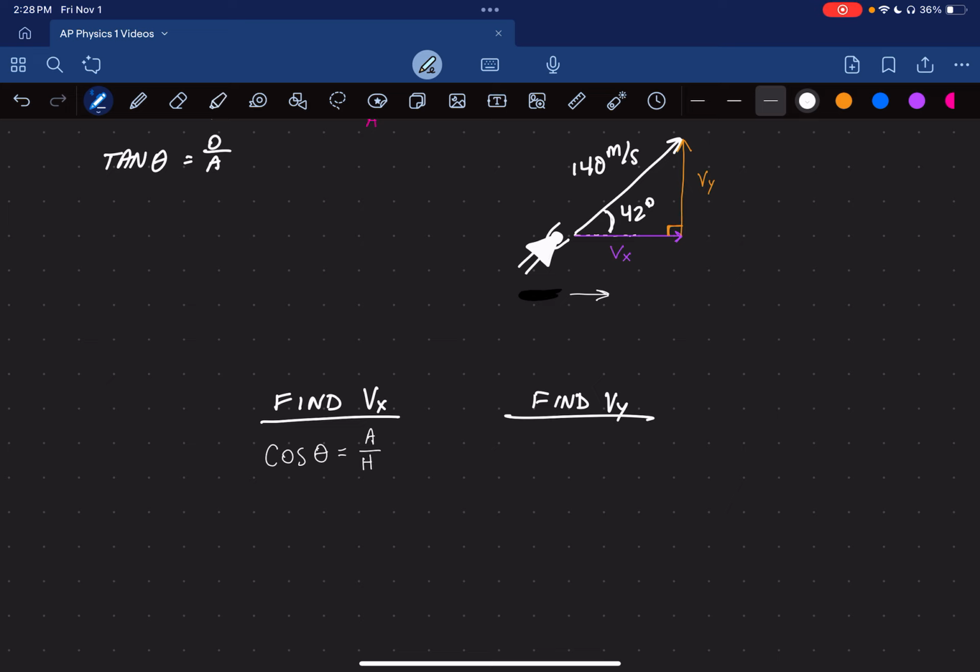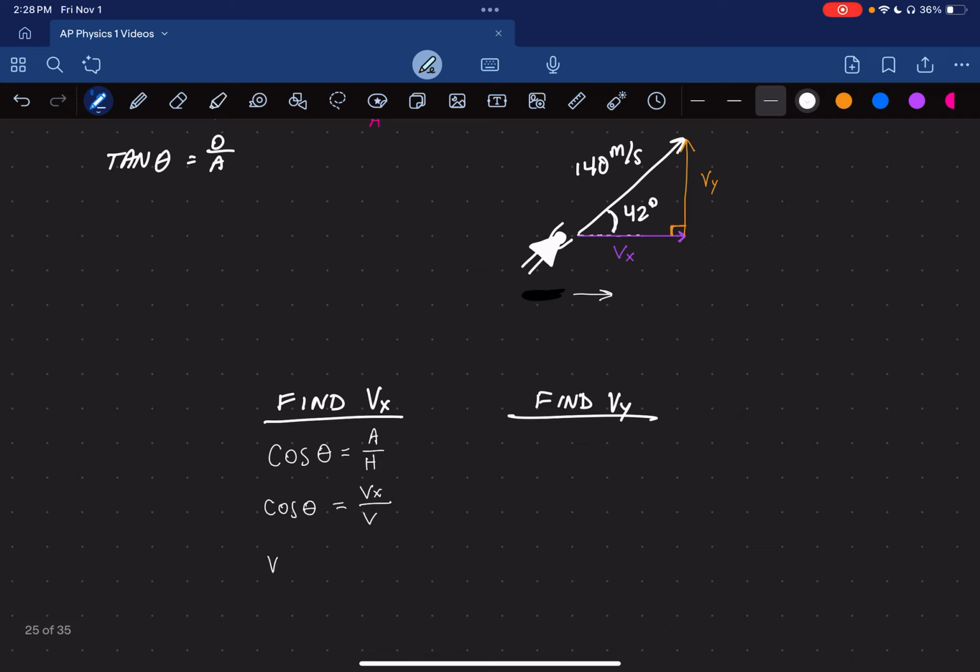Let's plug in what we're actually working with here. So the cosine of that angle is the adjacent side Vx over the hypotenuse, which is V, just the magnitude of Superman's velocity. Now, if we rearrange this for Vx, we get Vx equals V times cosine of theta, right? If we multiply both sides by V, that's Vx, okay.